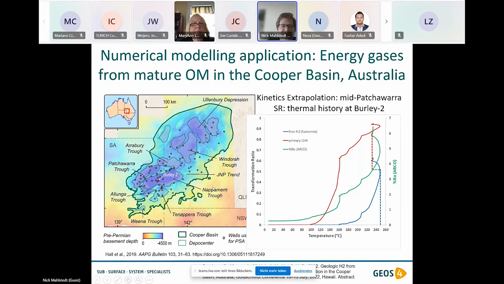The burial history of the most mature Burley 2 well in the depocenter really shows that hydrogen starts to be generated above 200 degrees, and at highest paleo temperatures around 250 degrees, roughly 50% of the hydrogen generation potential is realized. At this point, methane here in red is already completely generated.